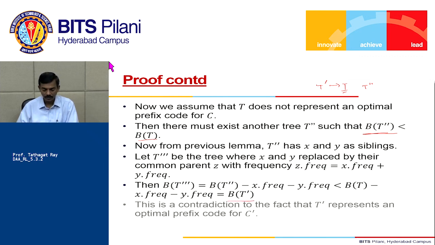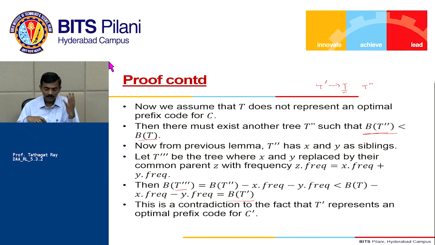But this is a contradiction, because we said in the very beginning that T prime represents an optimal code for C prime. We produced a new tree T triple prime with a lower cost, which contradicts the fact that T prime represents an optimal prefix code for C prime.